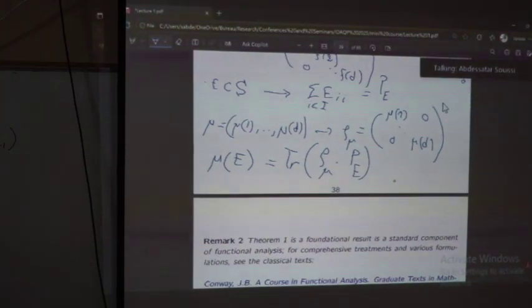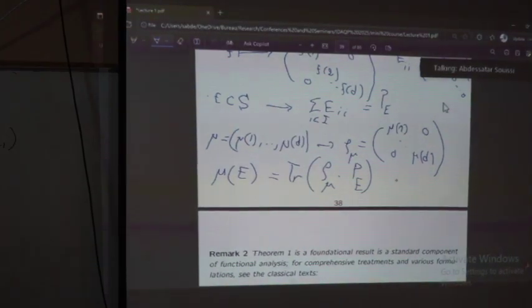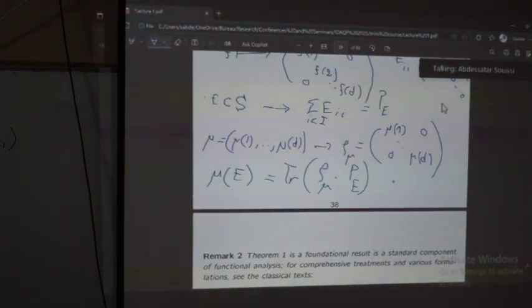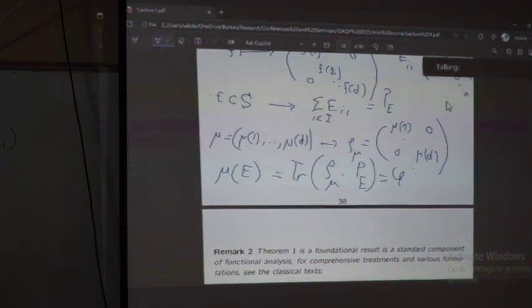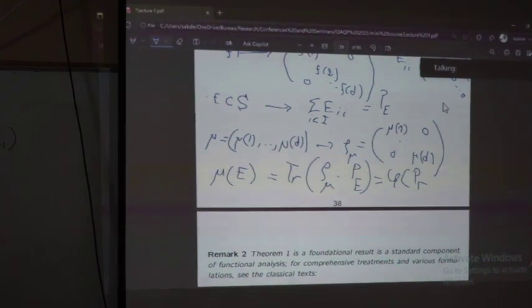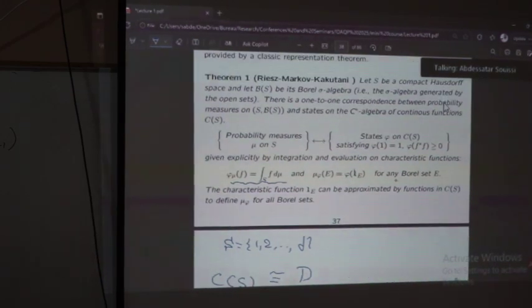This state can be extended to a general function from S, and this is exactly phi of P.